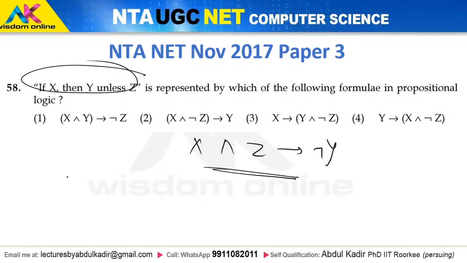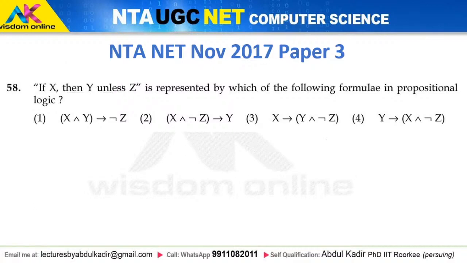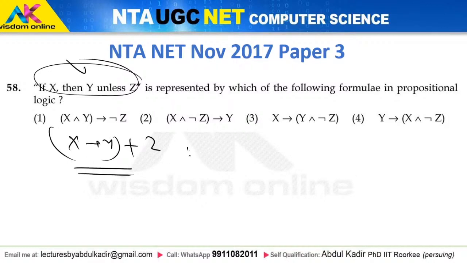But if I give you an English statement, that's why the English language is so ambiguous. I got your doubt, actually. This is an ambiguous statement because we converted it like this, but actually it could also be converted like this.